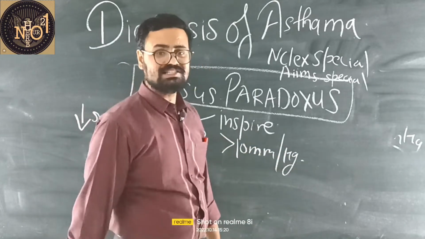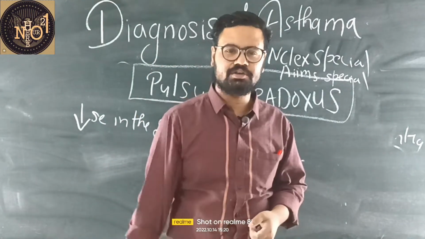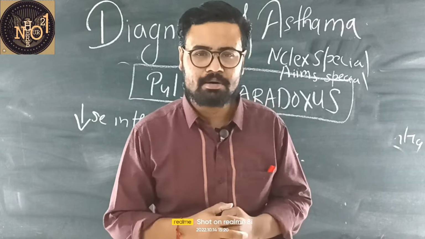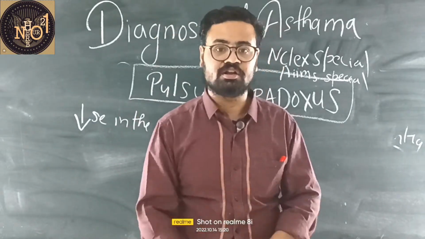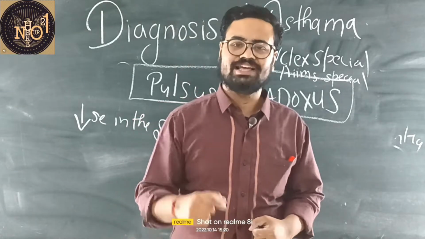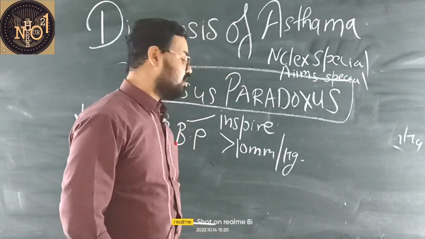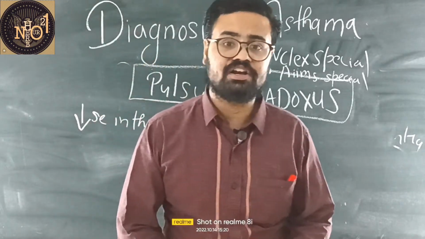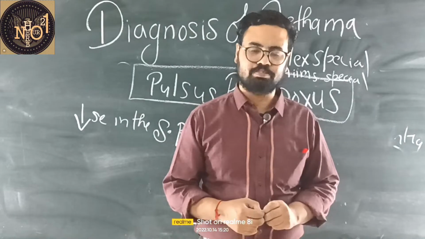Means in pulsus paradoxus there will be a marked decrease of more than 10 mm of Hg, and when? During inspiration. So in inspiration there will be a marked decrease of systolic blood pressure. This is termed as pulsus paradoxus.